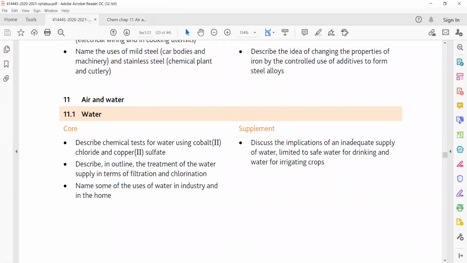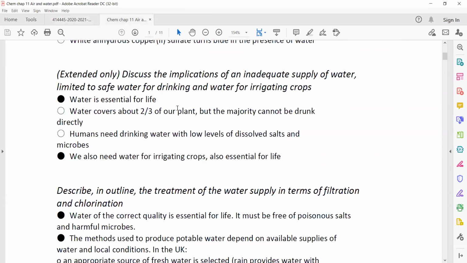Discuss the implication of an inadequate supply of water, limited access to safe water for drinking and water for irrigating crops, and describe an outline treatment of the water supply in terms of filtration and chlorination, and name some uses of water in industry and home. Water is essential for life which humans need.